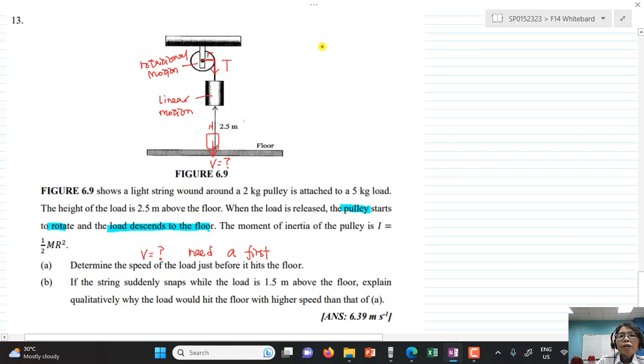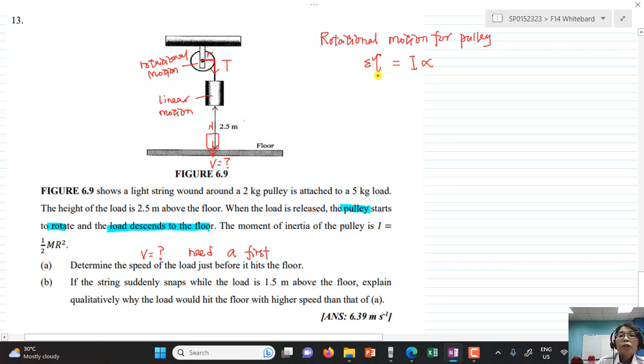So first I can consider the rotational motion of the pulley. So I apply Newton's second law, summation torque, the net torque that is exerted on the pulley will produce angular acceleration for the pulley.